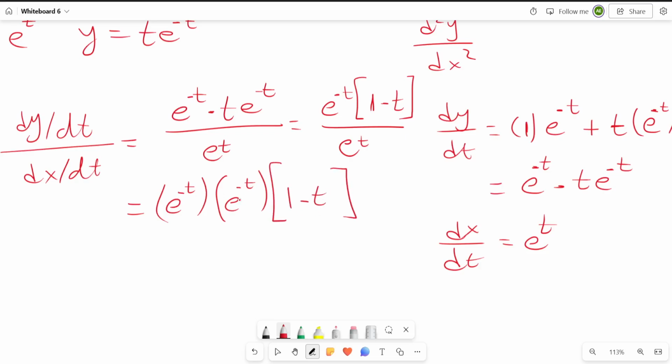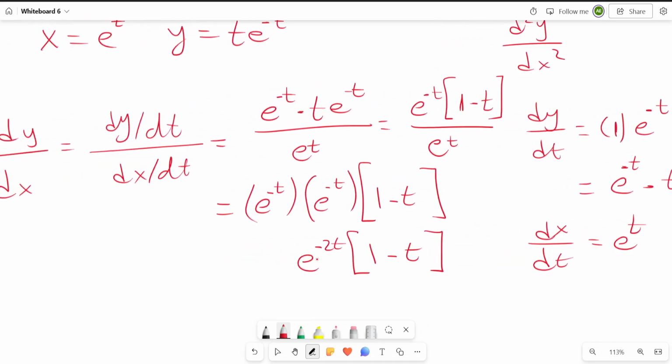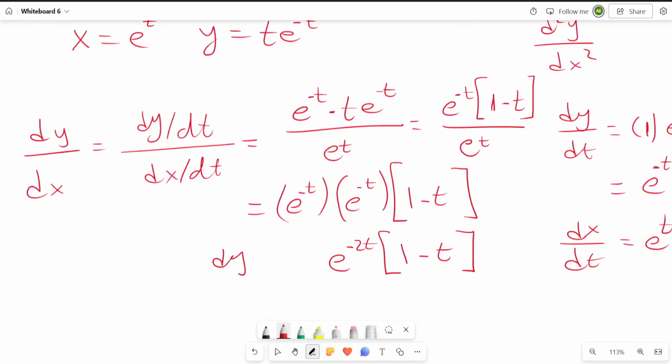And I know that since I'm multiplying these two, I can add the exponents. So it's going to be e power negative 2t multiplying 1 minus t. So this is basically dy by dx over here.